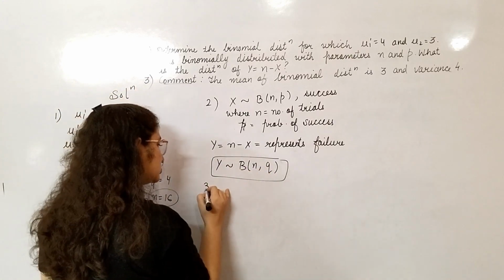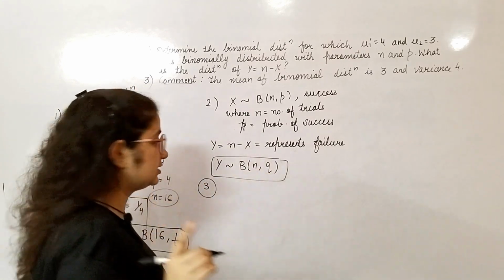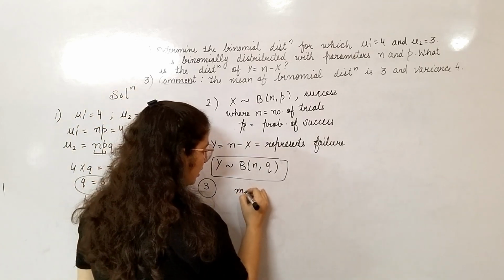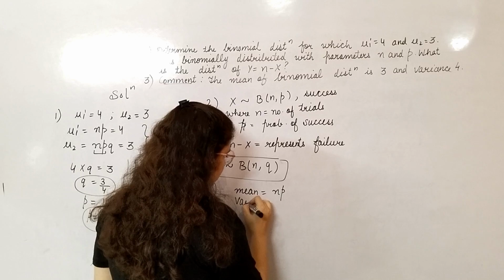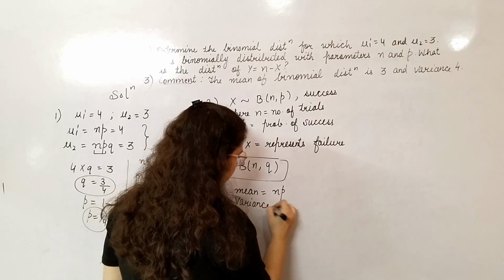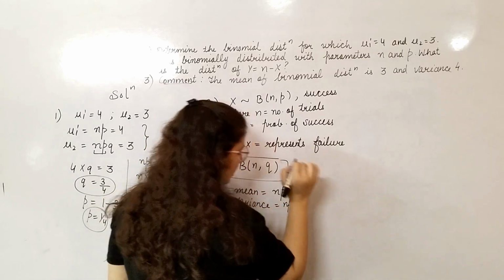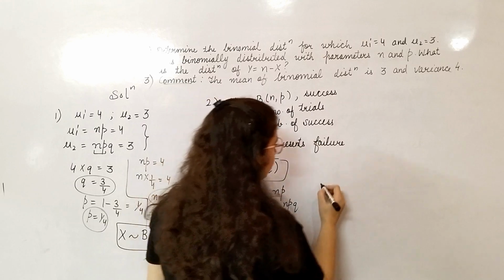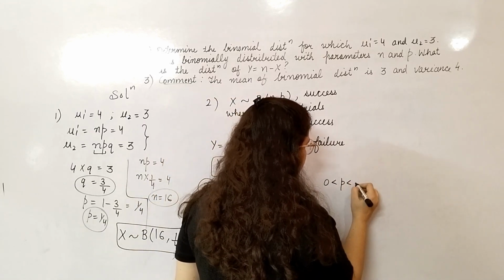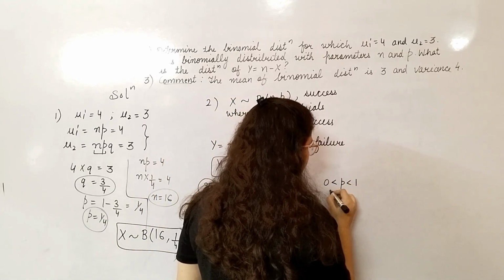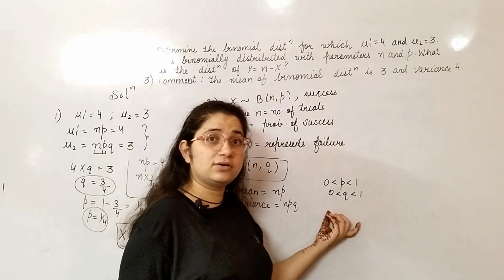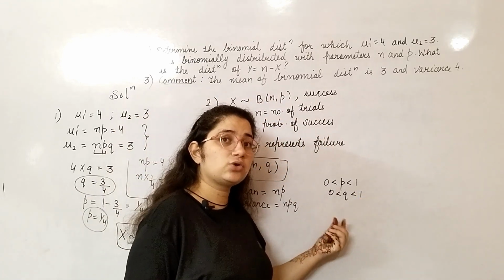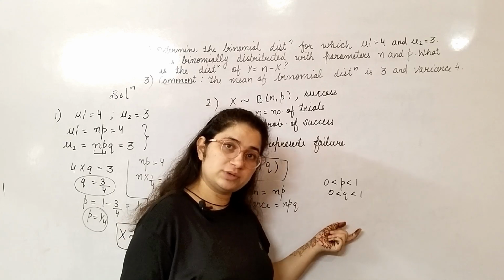Now the third is the most important question. Let me first tell you the things. Look, the mean was np and the variance was npq. Now tell me one thing: both p and q lie between 0 and 1. Why am I saying this? See, if any one among these is 1, then the second needs to be 0.